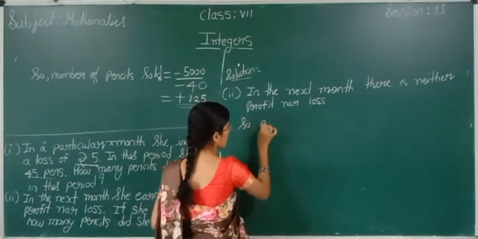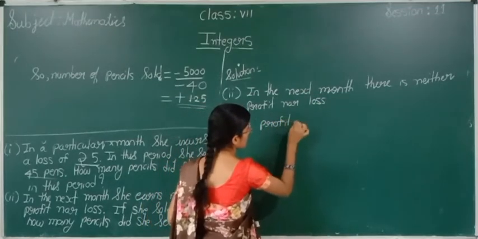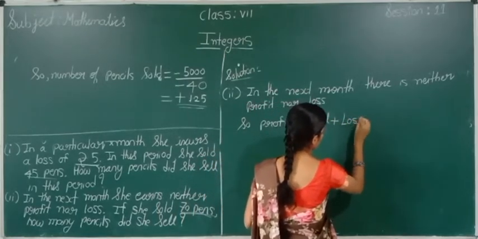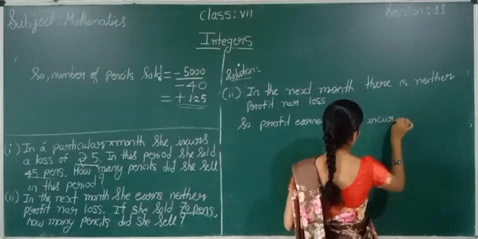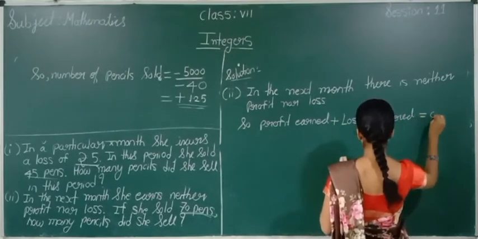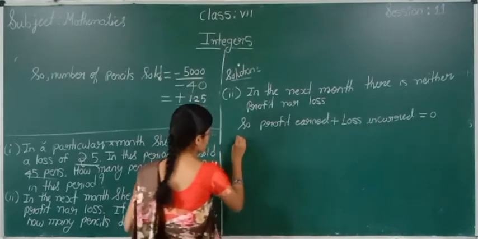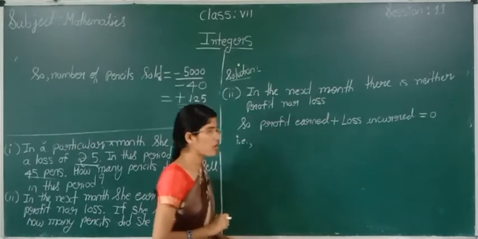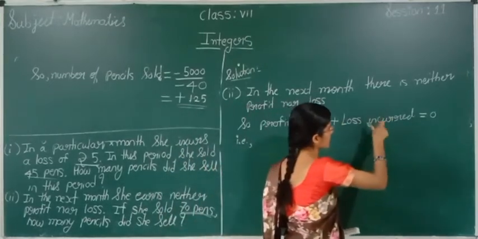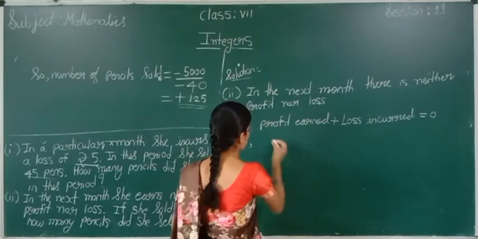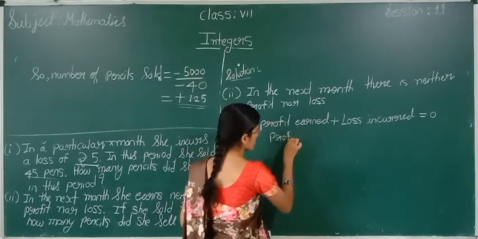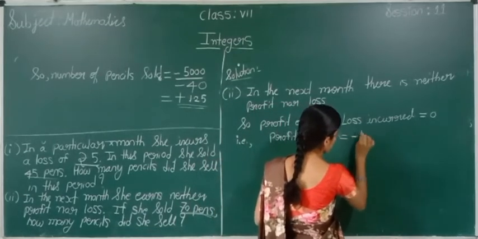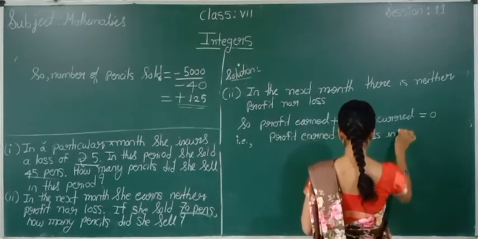So profit earned plus loss incurred is equal to 0. Now see here, that is why I wrote this, because no profit, no loss, right? Profit earned plus loss incurred is equal to 0. That is, profit earned is equal to minus loss incurred.